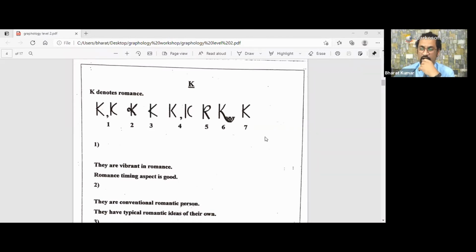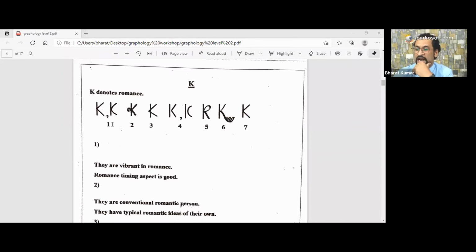So what kind of issues do they have in their romance? You can guess using this K. Many young girls who want to show themselves at parties everywhere, who want presence, generally use a specific K. That is the first K you can observe.